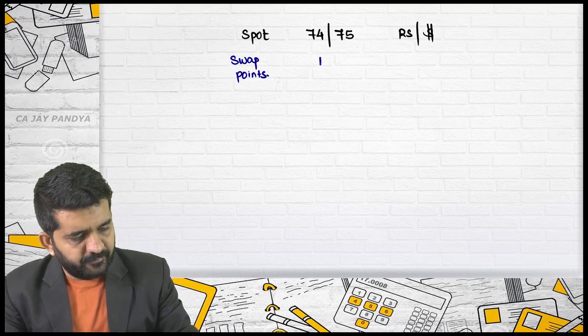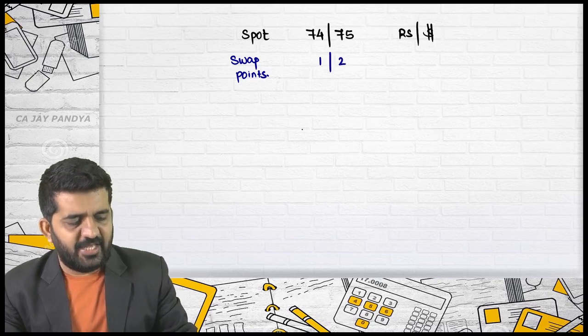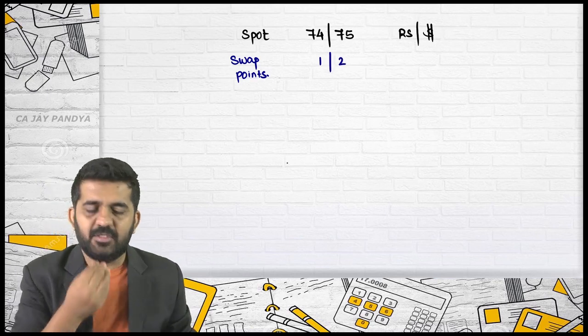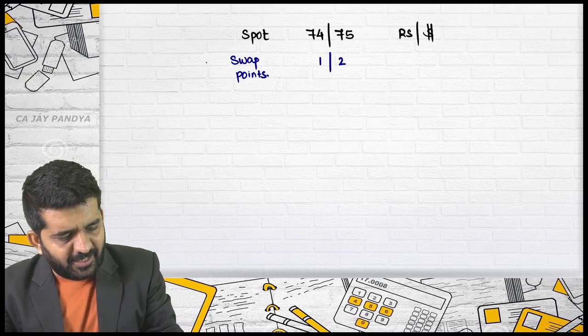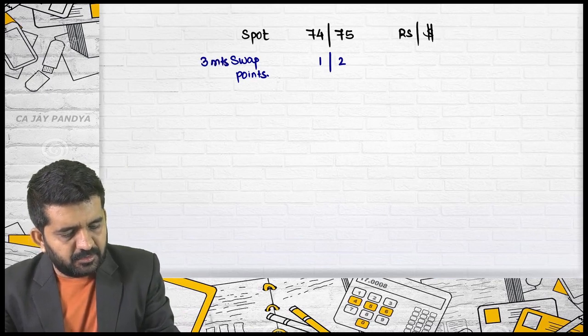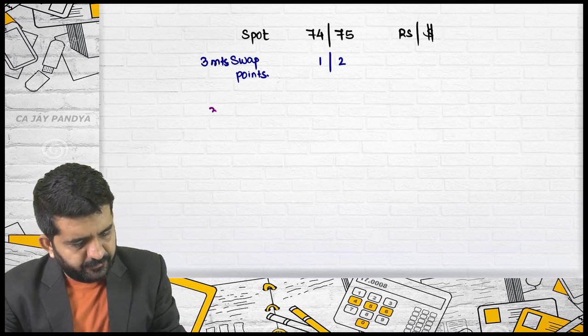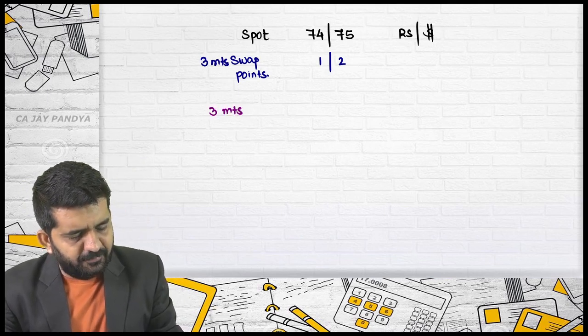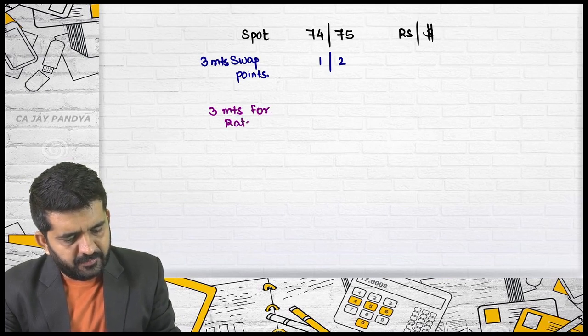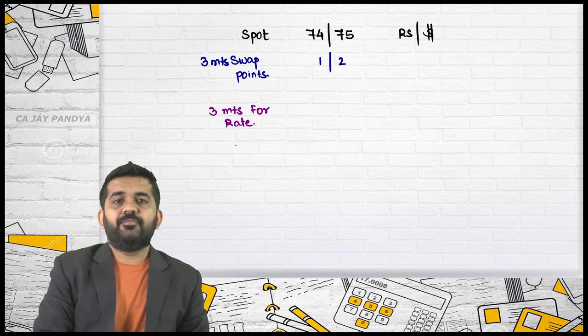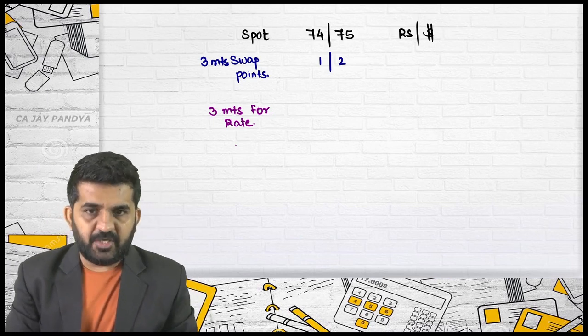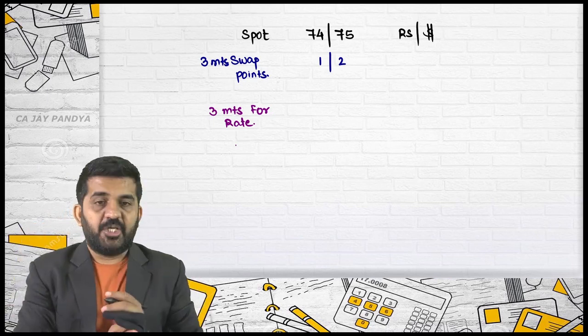Swap points is 1/2, and they are 3 month swap points. I want to find out the 3 months forward rate. Try to concentrate on what I should do.